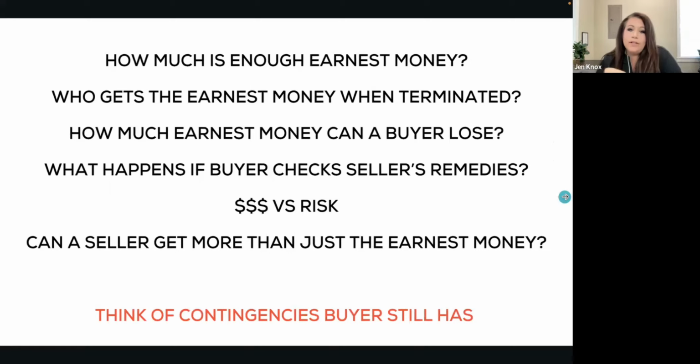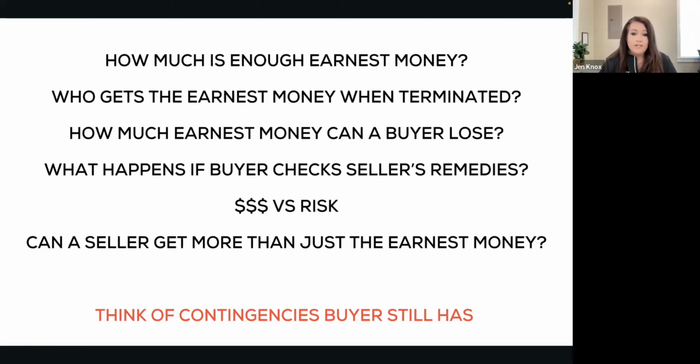So when talking about earnest money, a lot of times we have conversations with not only the buyers, but also the sellers of how much is enough. If we're looking at a $1 million home, and they want to put a $5,000 earnest money deposit down, is that enough? So the enough part is a conversation that you should be having based on the contracts that you have put in front of you.